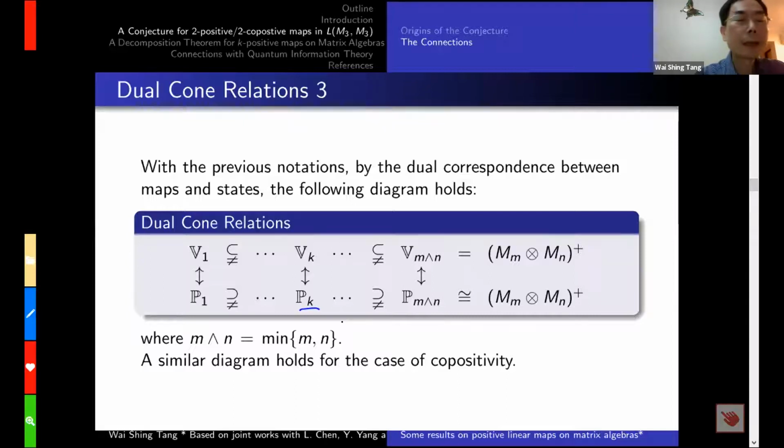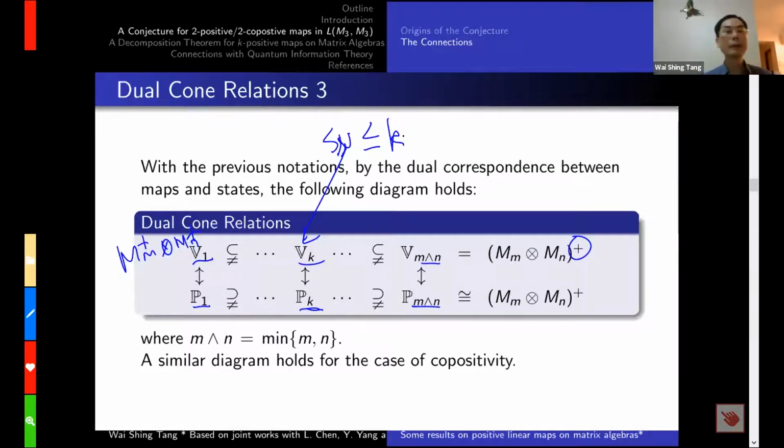We have the biggest cone of positive maps and so on, k-positive maps and completely positive maps. Whereas on the other side, it is the separable states or separable cones, and so on. The last one is Mn tensor Mn plus, and actually this is the cone corresponding to those states with Schmidt number less than or equal to k.